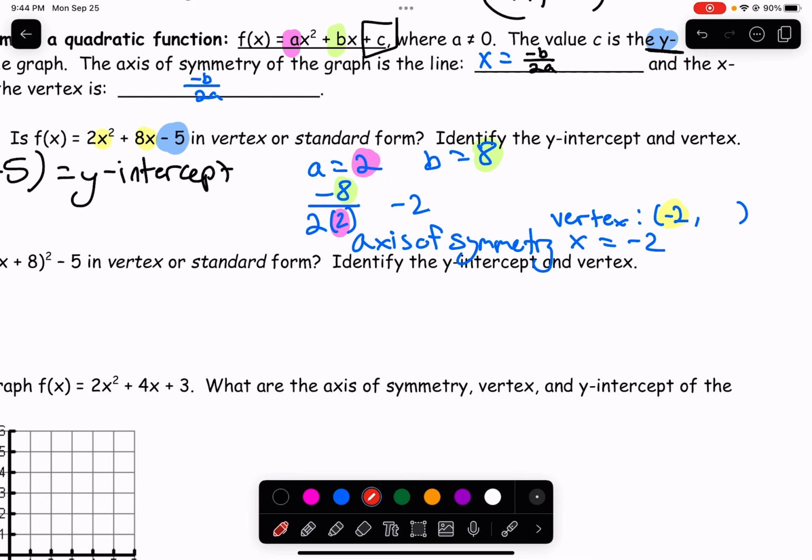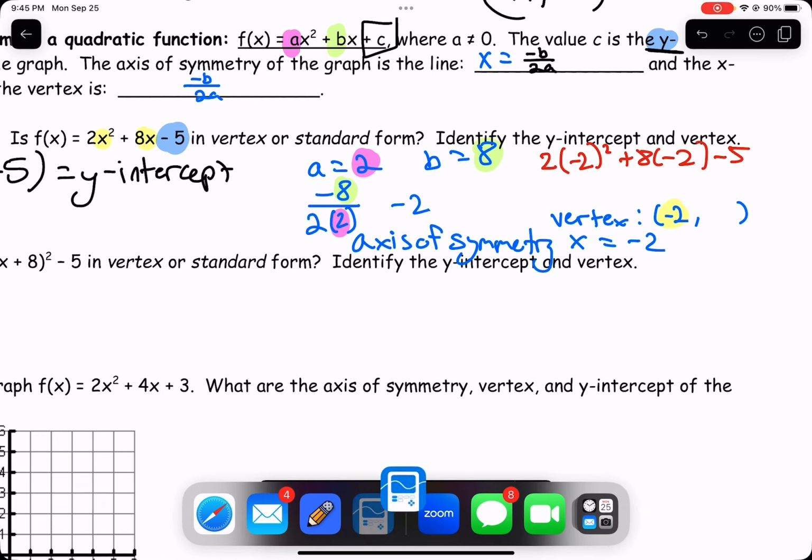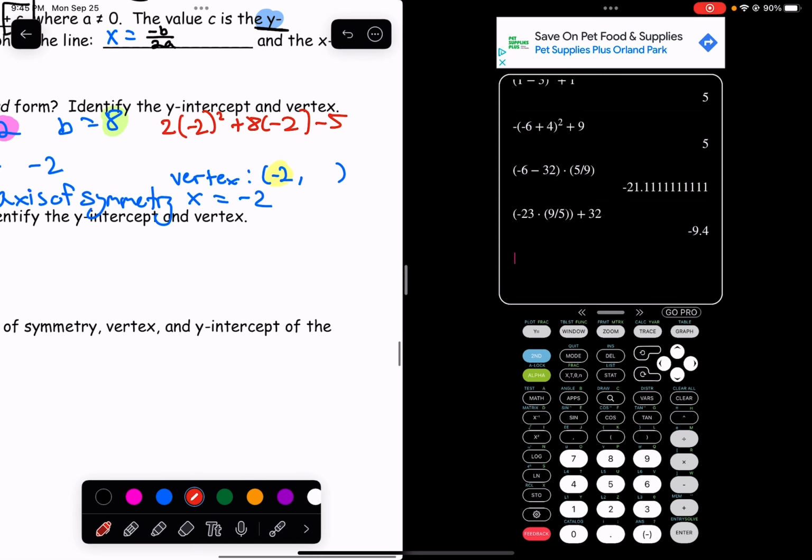So we end up doing 2 times (-2) squared plus 8 times (-2) minus 5. Now you could just go straight to your calculator to plug this in.